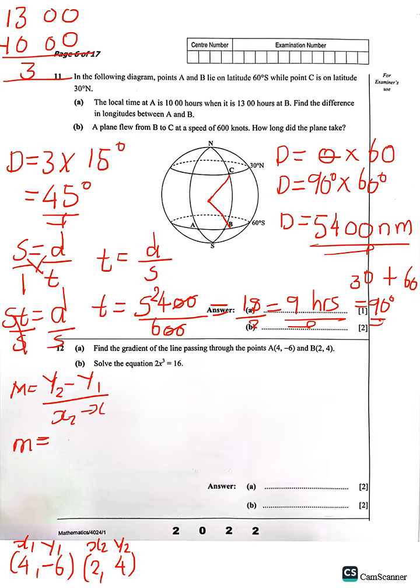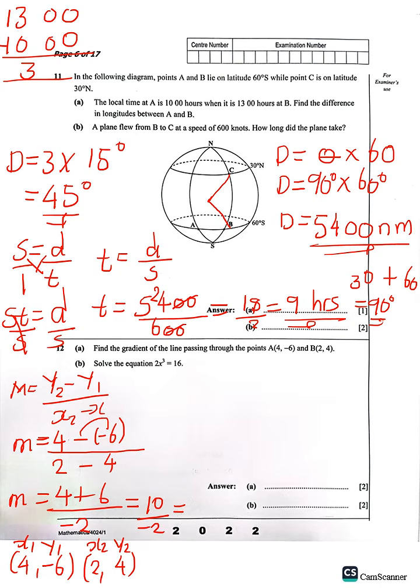Our y2 is 4 minus our y1, which is -6, over x2, which is 2, minus x1, which is 4. A negative times this negative becomes positive, so it is 4 plus 6 over 2 minus 4, which is -2. 4 plus 6 is 10 over -2. -2 into 10 is -5. So that's our slope.